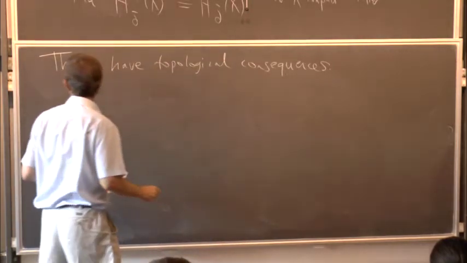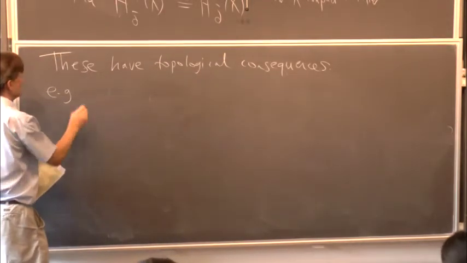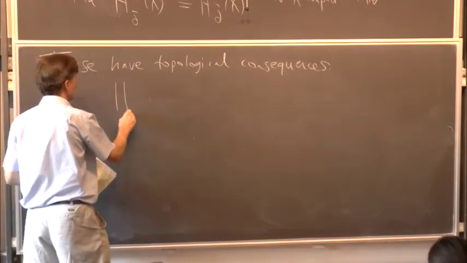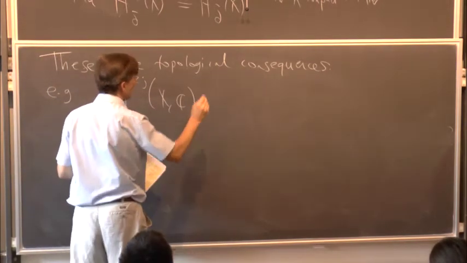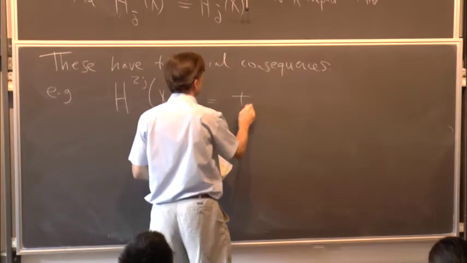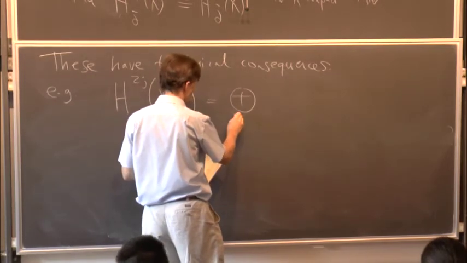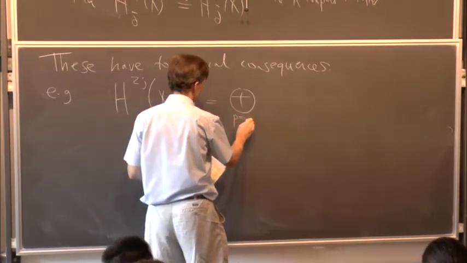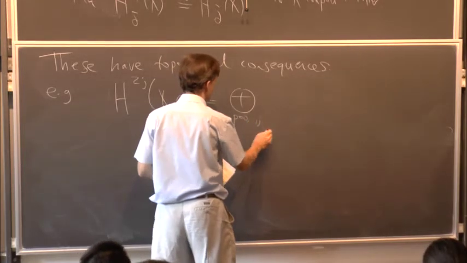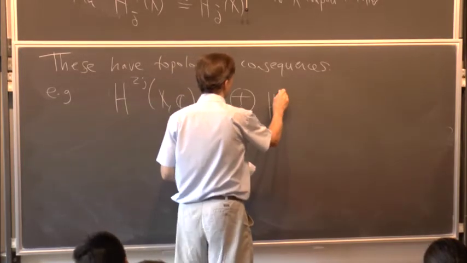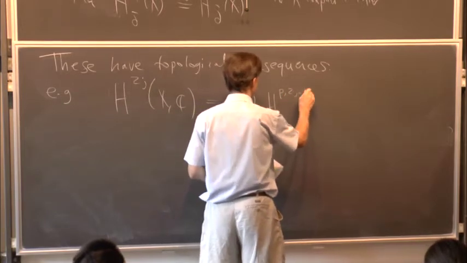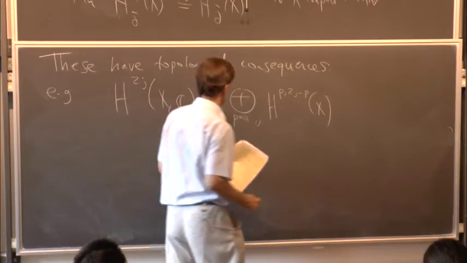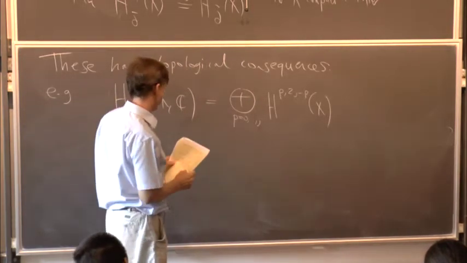For example, this tells you that H^{2j}(X, C) is the direct sum over p from 0 up to j of H^{p,2j-p}(X).